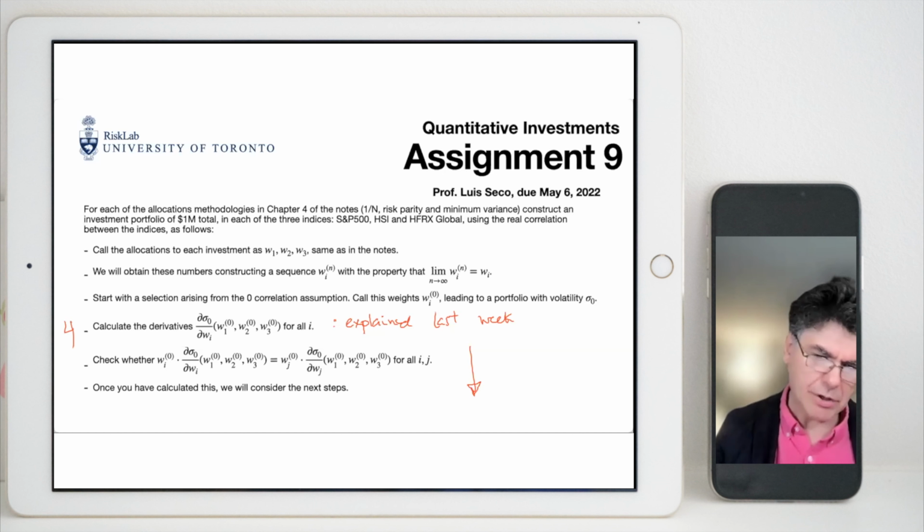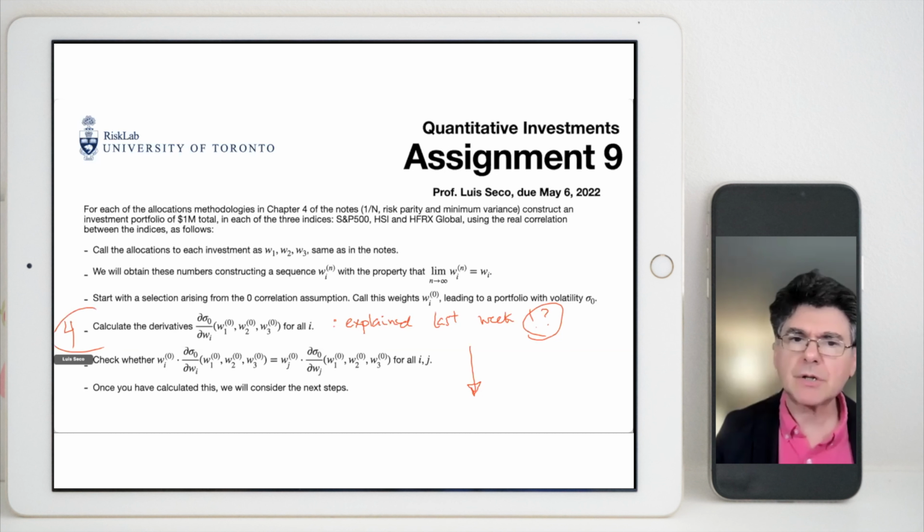I want to make sure that the 4th is understood. Please write on the chat if number 4 is understood, yes or no? I explained it last week, so that's why I thought it was understood, but I need to check.